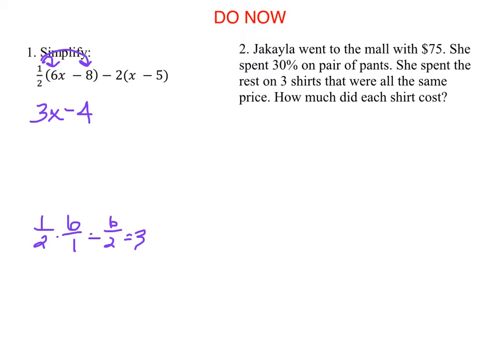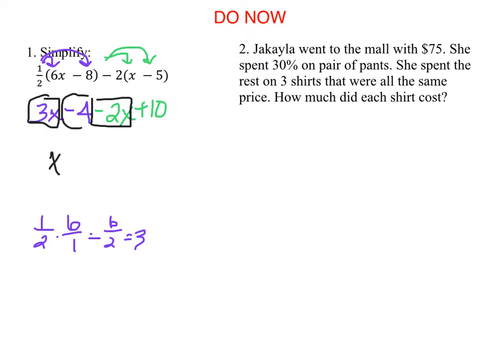And then I'm distributing this -2. -2 times x is -2x. And then the tricky part, -2 times -5 is a positive 10. Combine like terms, I have a positive 3x and a -2x. So 3 minus 2 is 1, or just 1x.